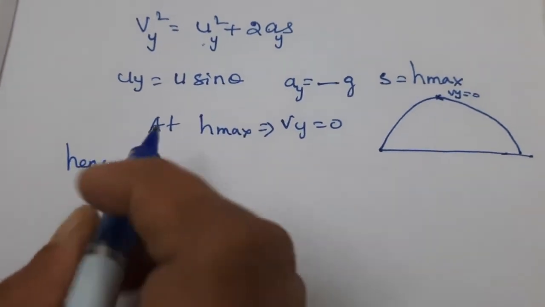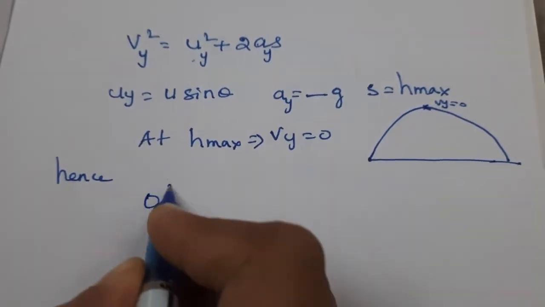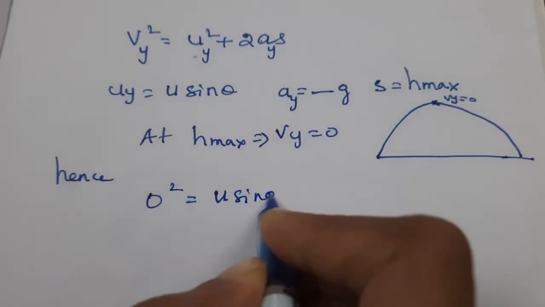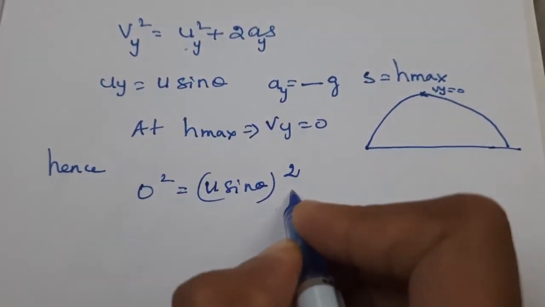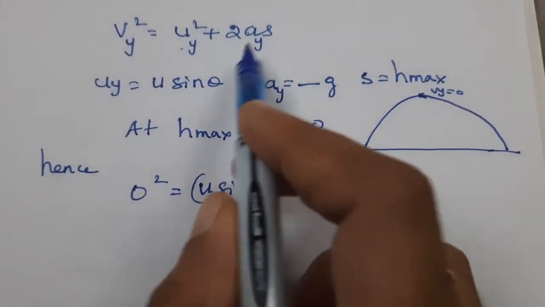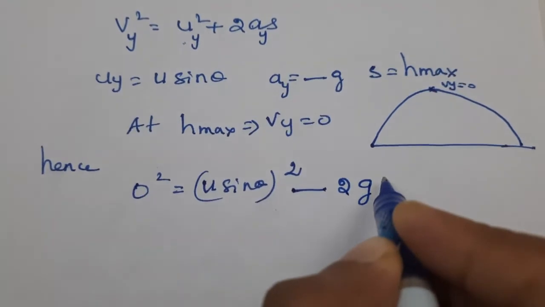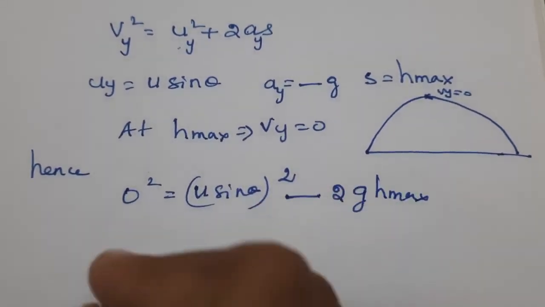Hence, this equation can be written with vy equal to 0. So 0 square equal to uy square, that is u sin theta whole square, plus 2ay s. Ay is minus g, so we write minus 2g into, instead of s, h max.